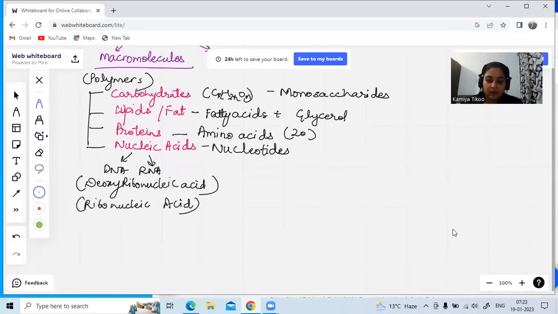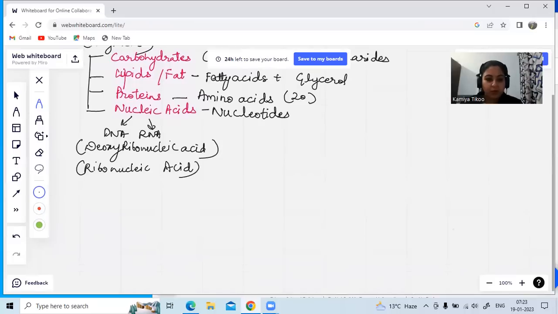Now, coming to carbohydrates again. As I mentioned, the monomers of carbohydrates are called monosaccharides. A single monosaccharide combines with another monosaccharide with the help of a bond, which is called glycosidic bond.